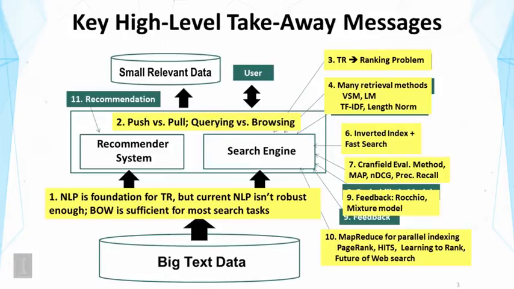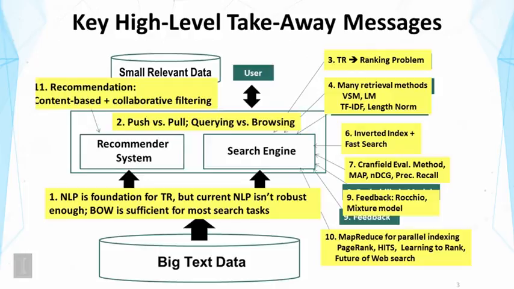We talked about some major directions that we might see in the future in improving the current generation of search engines. And then finally, we talked about the recommender systems, and these are systems to implement the push mode. And we talked about the two approaches. One is content-based, one is collaborative filtering, and they can be combined together.